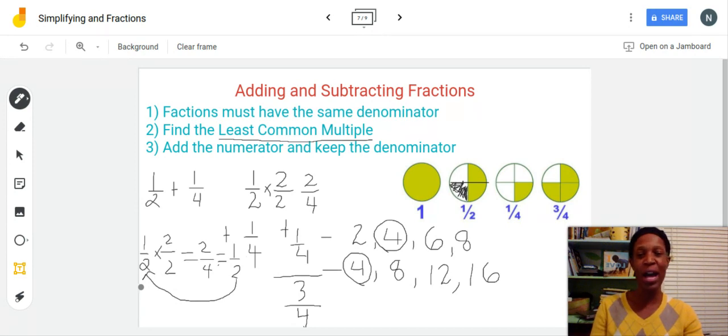So that is why when you multiply a fraction by the same numerator and denominator, you end up with exactly the same thing. You're not changing the value of the fraction at all, because when you divide the same number by the same number, you're going to get 1, and 1 times any number is the same. So go ahead and move on to the next slide.